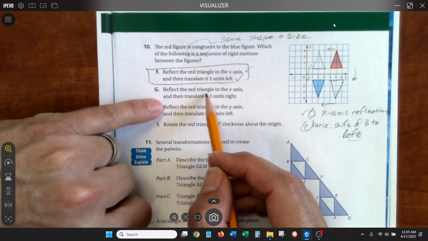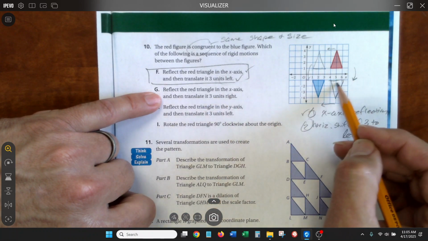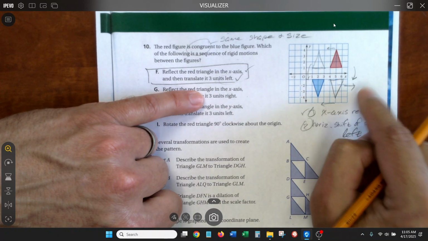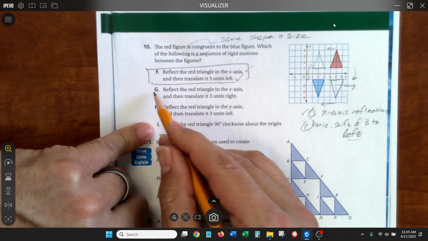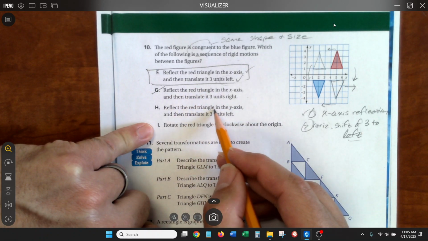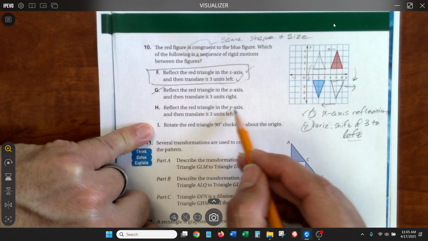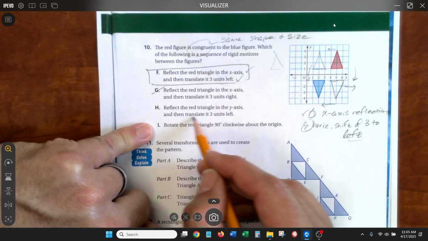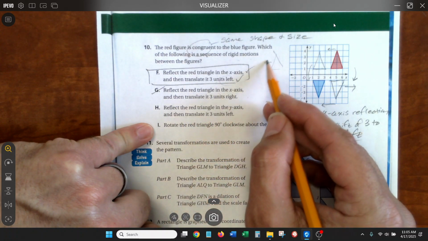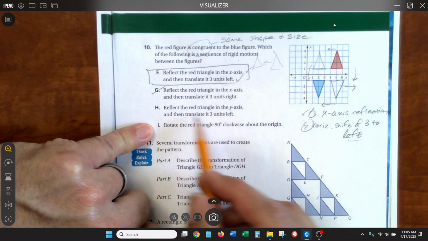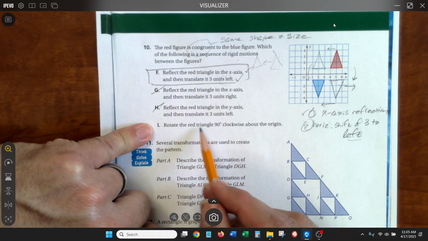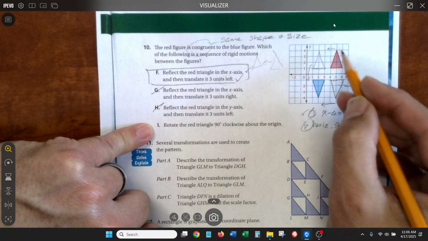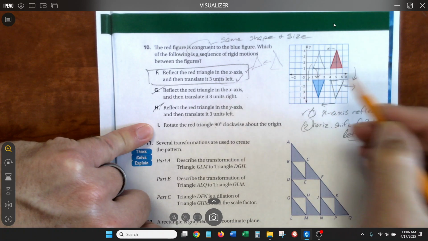If we reflect the red triangle along the x-axis and then shift to the right, we're going to be over here. That won't work. If we reflected the red triangle along the y-axis, that will put it way over here, and then translated it 3 units to the left, that would be even further over here. Definitely not that one. And rotating the red triangle 90 degrees clockwise about the origin.